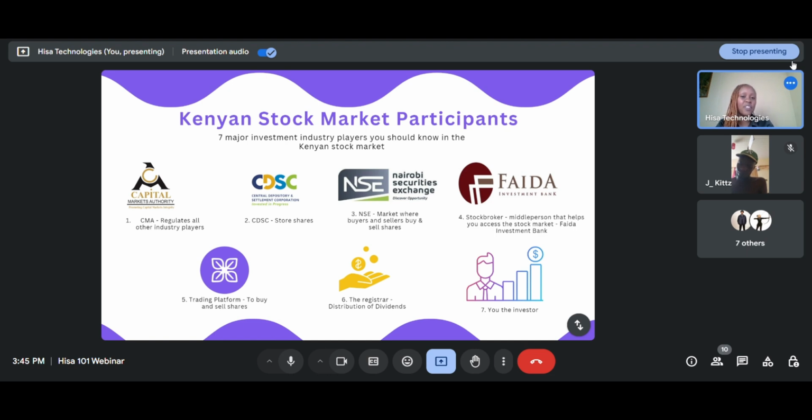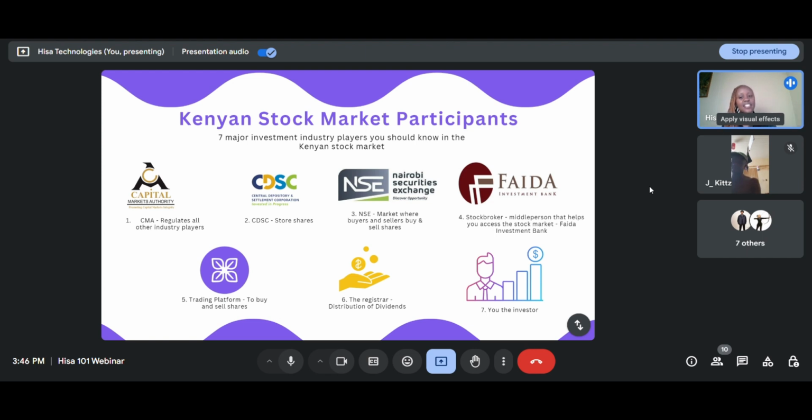The trading platform in this case is the Hisa app or the web version of the app. Number 6 is the registrar, which is in charge of the distribution of dividends, specifically Kenyan dividends. And lastly, you, the investor. Without you, all of these institutions do not make sense. So there we have it.